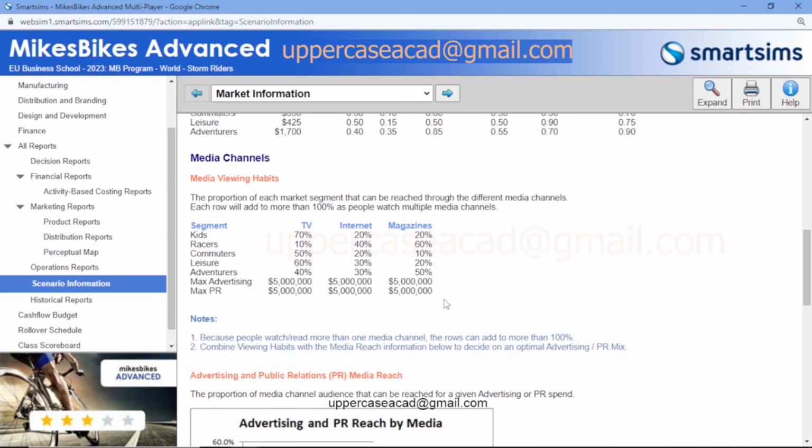With the media channels, this just shows you by which channel you can reach more of your customers. If you look at the kids segment, if you advertise on television, you might end up making more sales than if you advertise on the internet and magazines, because I don't think kids will read the internet or magazines.